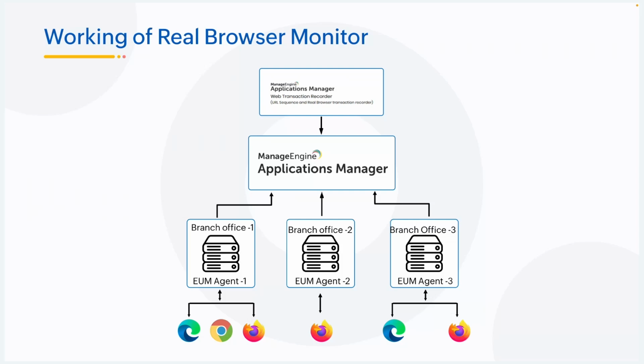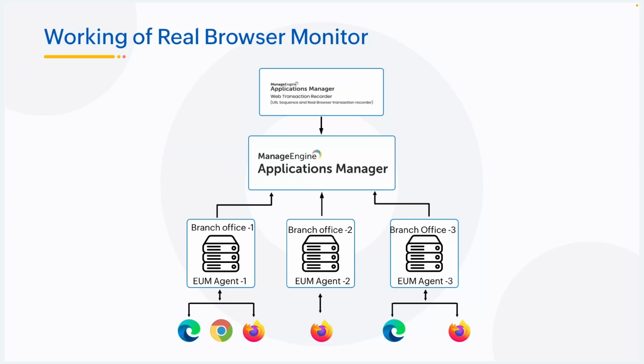Then you can record the transaction of filling and registration from your main office. The same transaction will then be performed in all your branch offices using this EUM agent, and then all the data will be sent to Applications Manager. This way, you can check if this particular workflow functions without any errors and in all the desired locations.